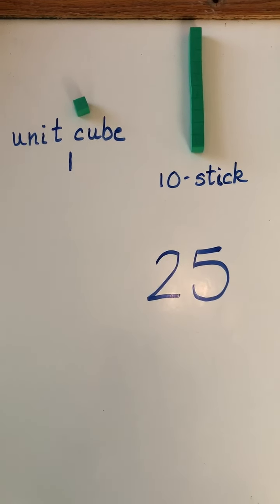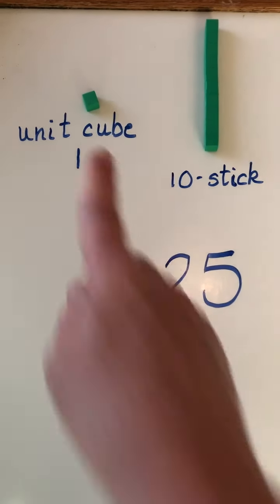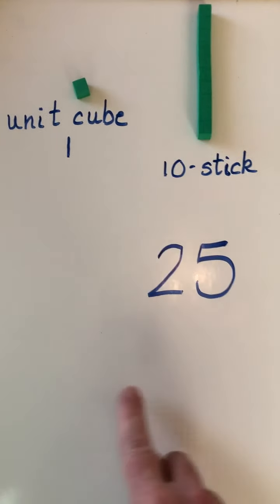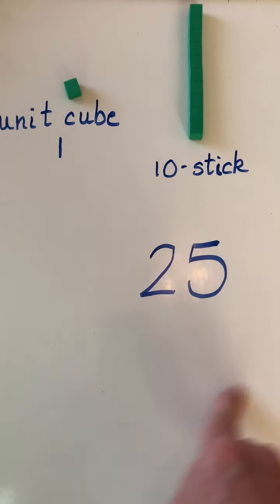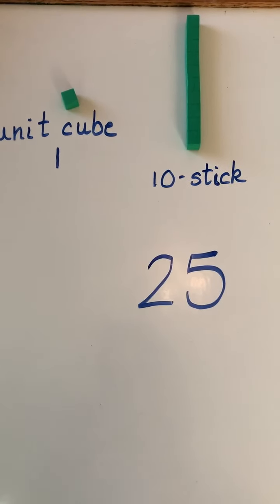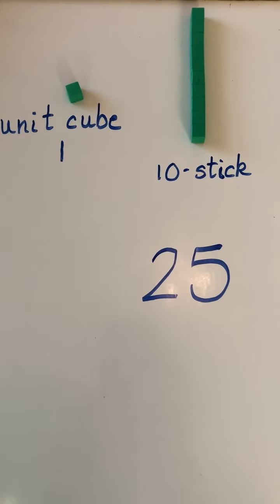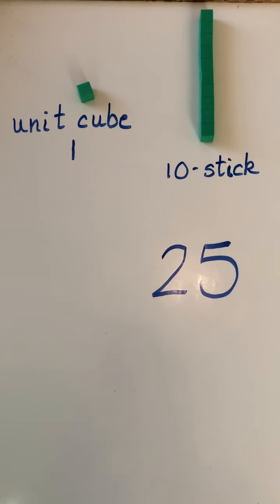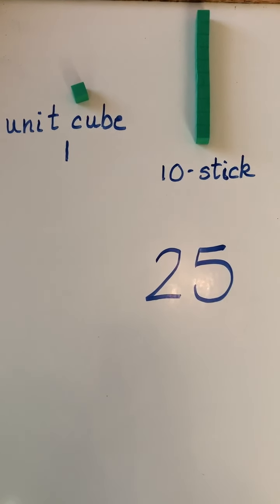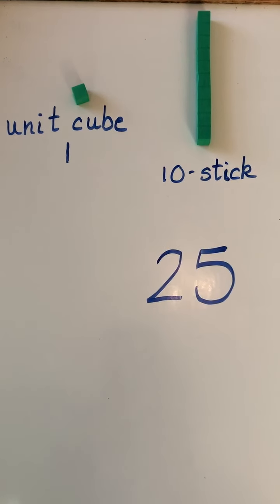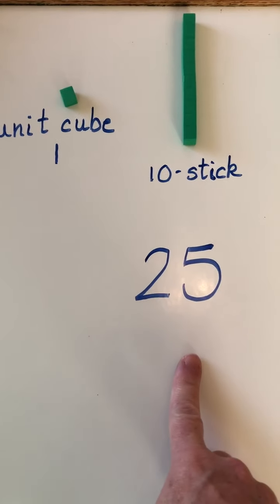Now you might be thinking, well, you could use 25 unit cubes, and I could. I could count out 25 unit cubes right now, and that would equal 25. It's kind of like pennies, right? I could count out 25 pennies to make 25 cents, but that would take a little bit longer. What's the easiest way to show 25?